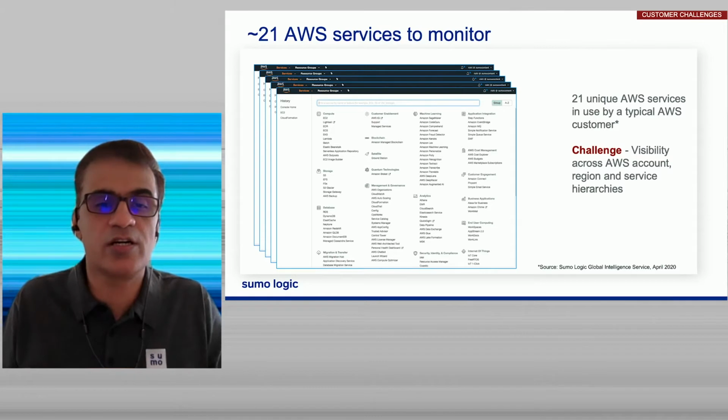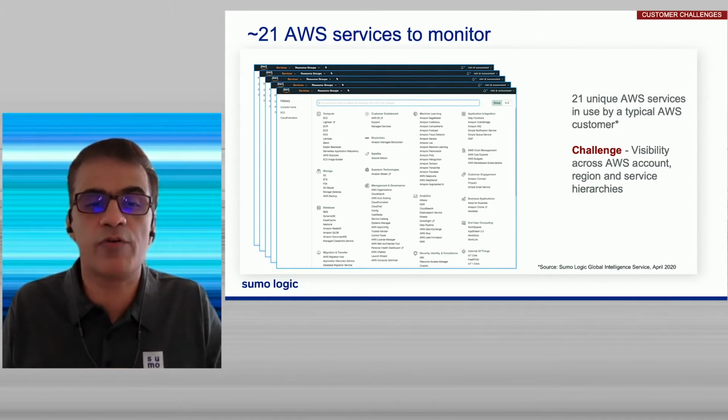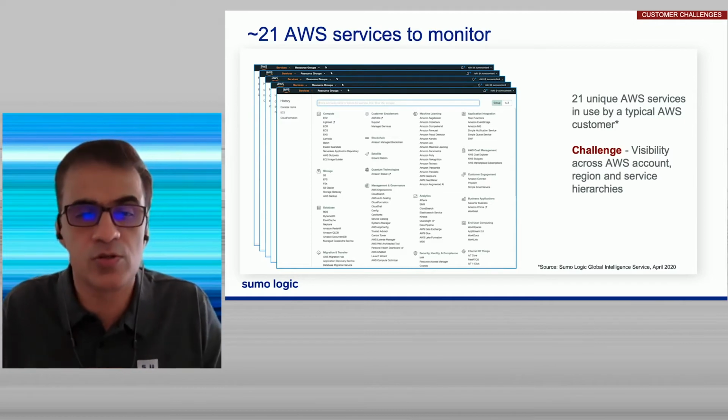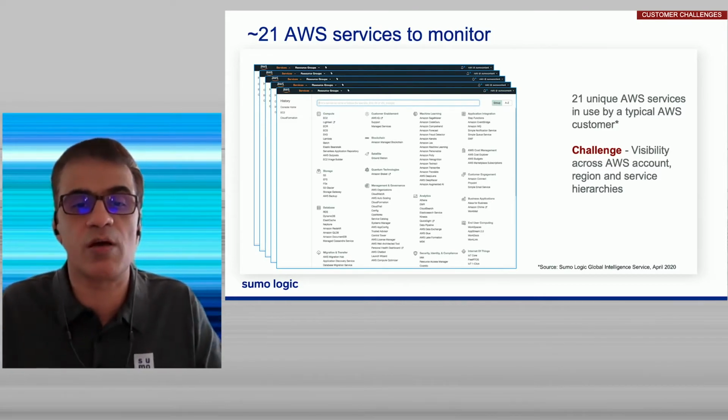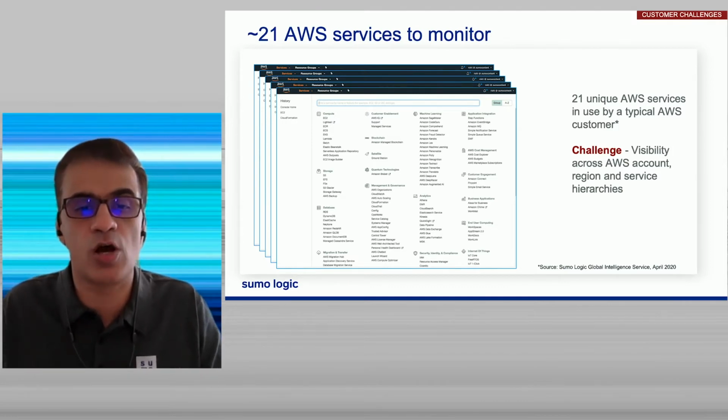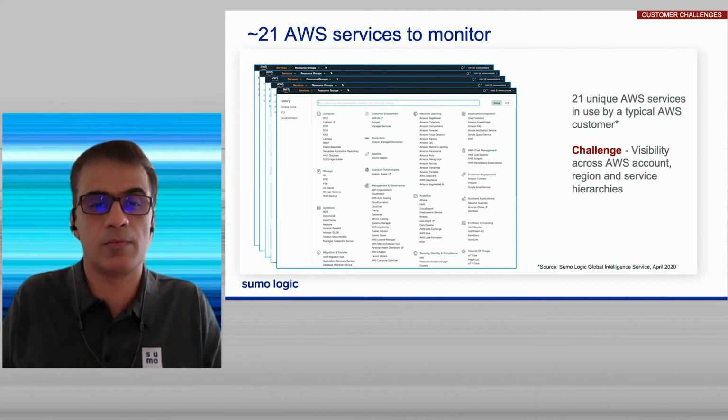The challenge here is that this complex hierarchy of accounts, regions, services, and entities can create data silos, where it can be difficult to get comprehensive visibility of AWS service health, especially given the disparate data sources coming from AWS for monitoring. For example, CloudWatch metrics, CloudWatch logs, and CloudTrail logs.